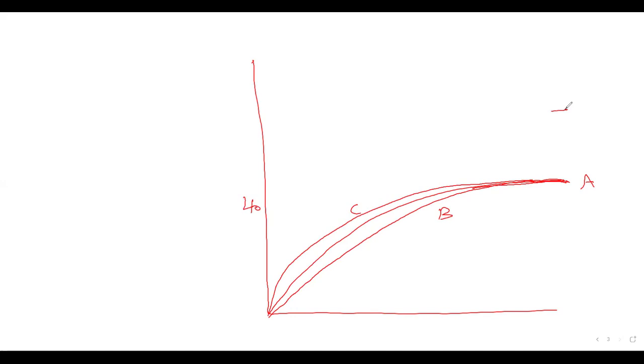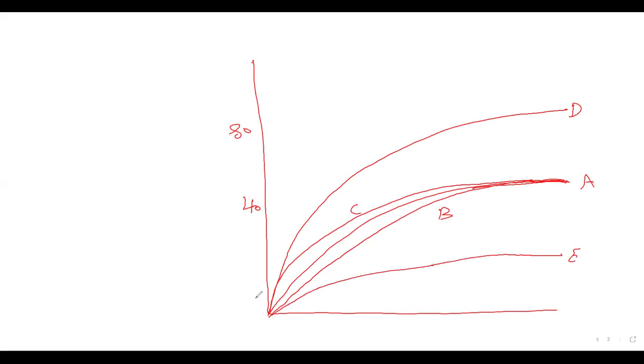And we have reaction D in the front of 80. And reaction E in the front of 20. And reaction A, this is the original. Reaction B and C, B slower rate and C faster rate.